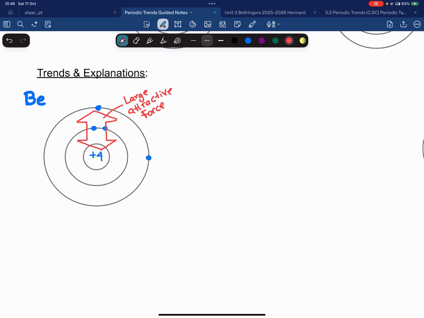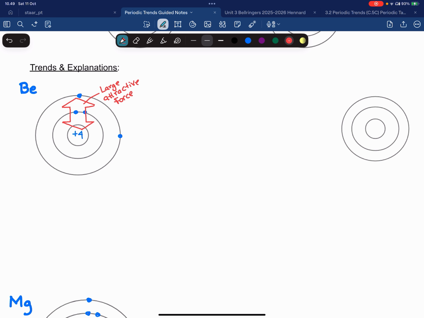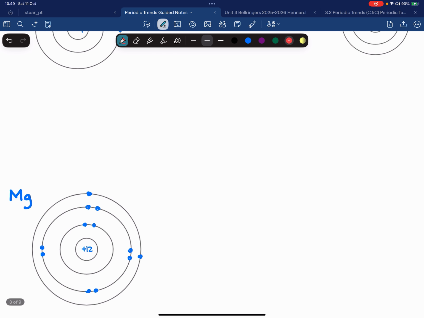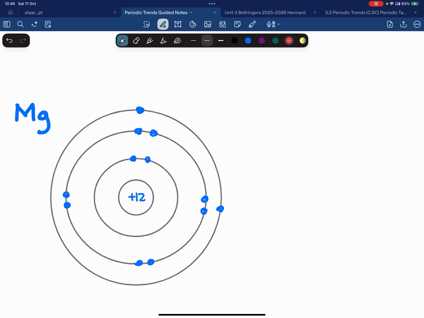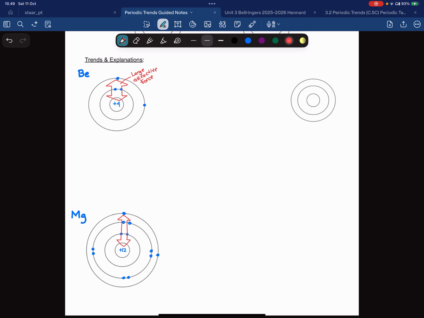Because the atomic radius is small. They're very close together, so therefore they're attracted to each other. The opposite, of course, is occurring for magnesium. Here, the atomic radius for magnesium is bigger, so the nucleus is further away from that electron, and so you have a smaller attractive force.